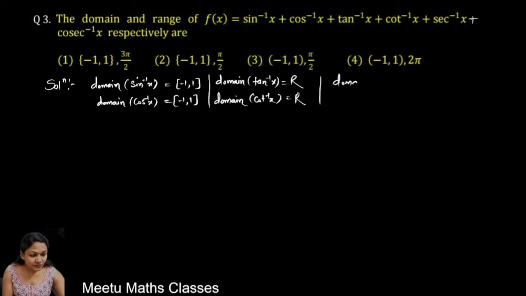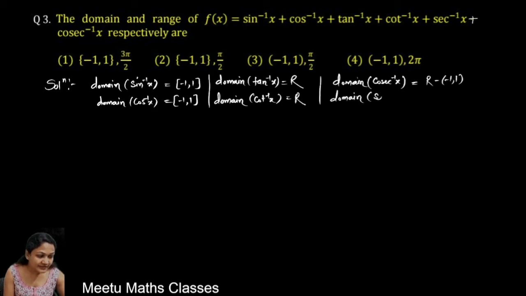And we also know that the domain of cosec inverse x is what? The whole real line minus the open interval minus 1 to 1. And similarly, the domain of sec inverse x is also R minus the open interval minus 1 to 1.